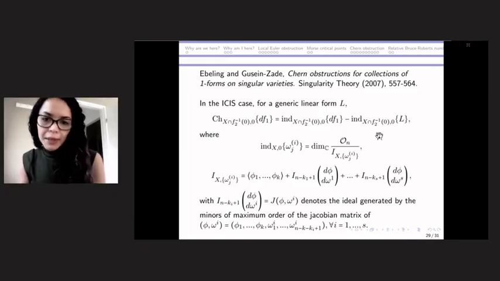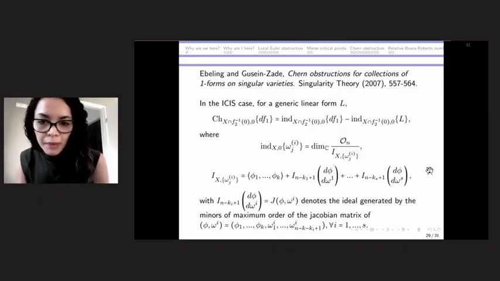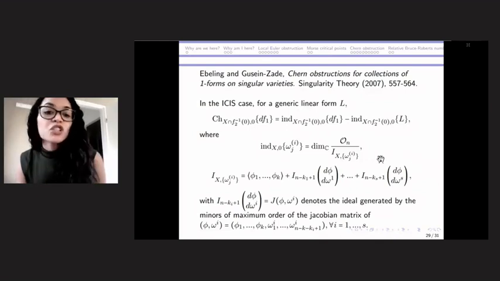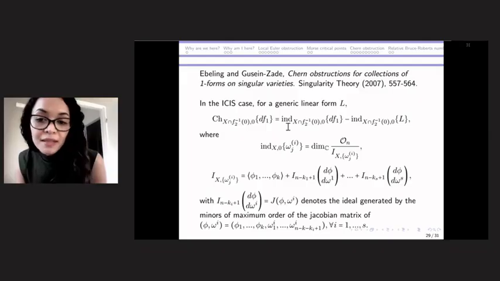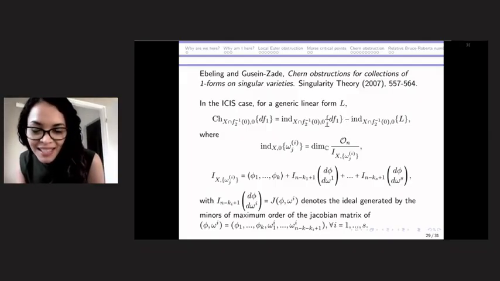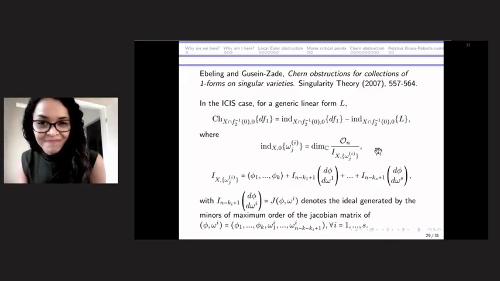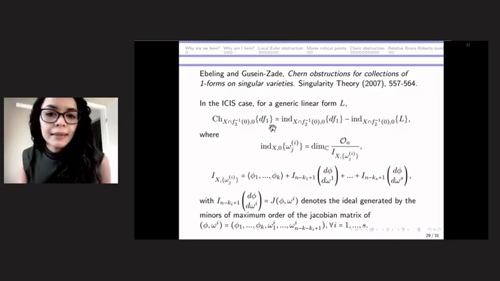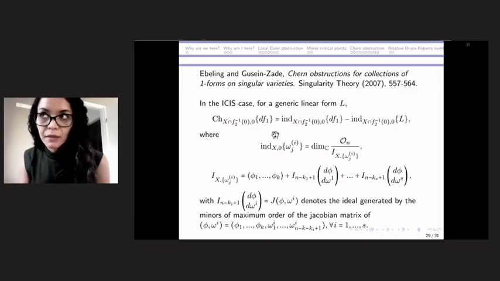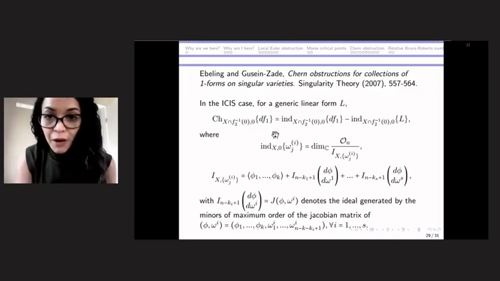So in here, we are looking at the radial indices. They prove that this difference of radial indices, which also have this algebraic description, gives the Chern obstruction. And in the work they did, it was for any differential form, any collection of differential forms actually.